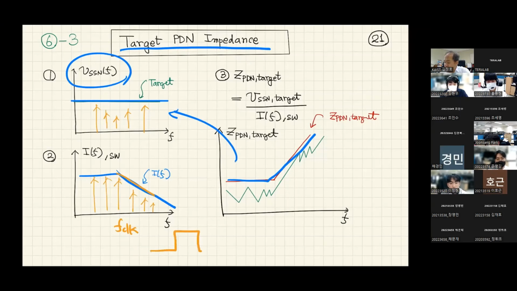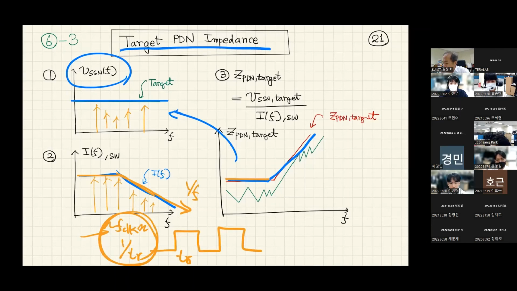If this is the rising time, above some frequencies, current spectrum will be decaying as one over frequency. Because of that, we can design the target impedance, which is constant up to a certain frequency, maybe up to a multiple of clock frequency or 1 divided by rising time.